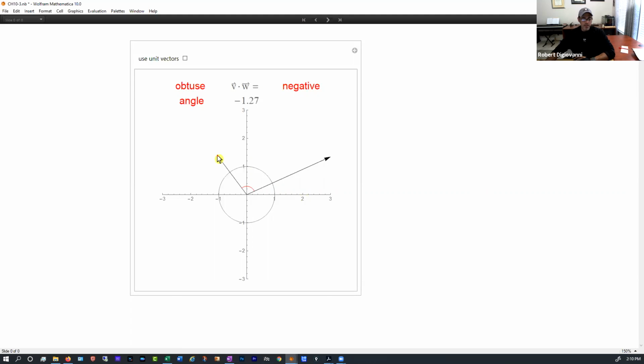Look at that number. It's getting closer and closer to what? 0. And when they are perpendicular, your dot product is 0. It's negative when the angle is obtuse, 0 when the angle is pi over 2, and positive when the angle is acute.